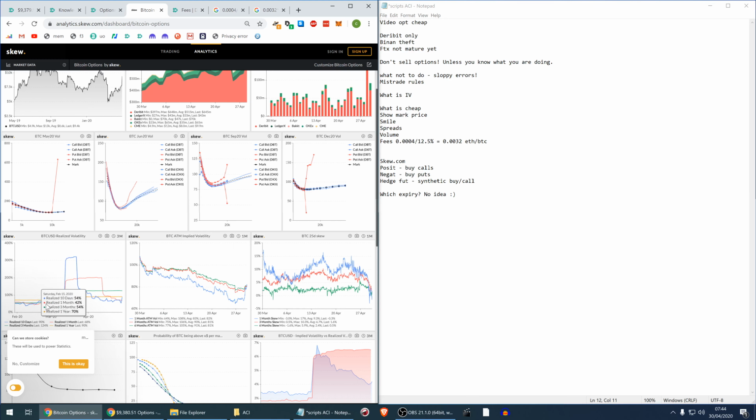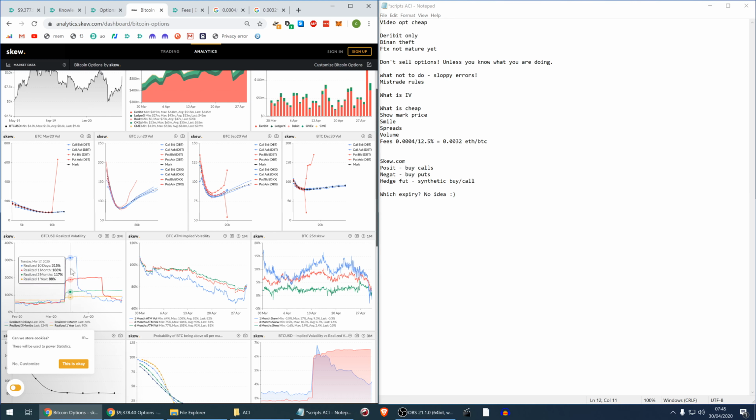So here you can see that more or less the volatility was somewhere between 56 and 70% before the big dump. And then after the big dump, suddenly the short-term volatility, which is 10-day volatility, jumped to 300%. The 1 month volatility jumped to 200%, and 1 year volatility jumped to 88%.